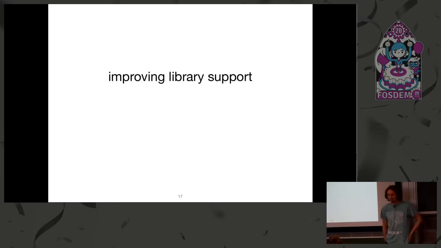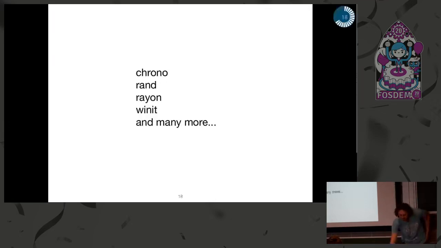Then, another big point: when we are writing Rust for the web, it would be hard to write everything on our own. We have to use libraries. It would be really nice when you just grab a library and compile it, and everything is fine. And this year, a number of libraries got WebAssembly support or improved.